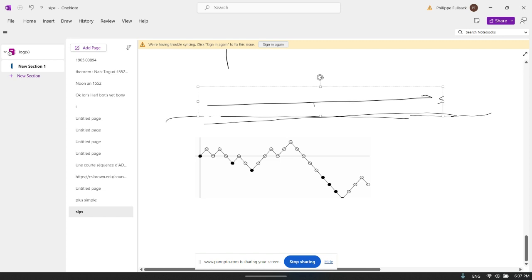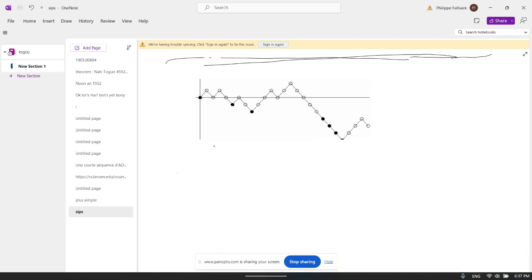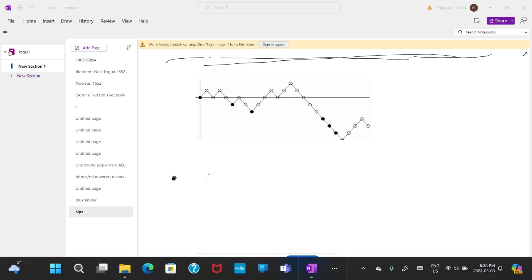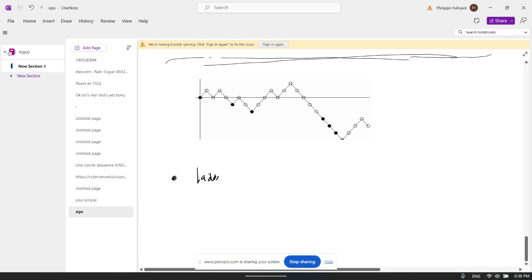What's going on here is this. If you look at these filled points, they are called ladder points, and they are the absolute minima so far.